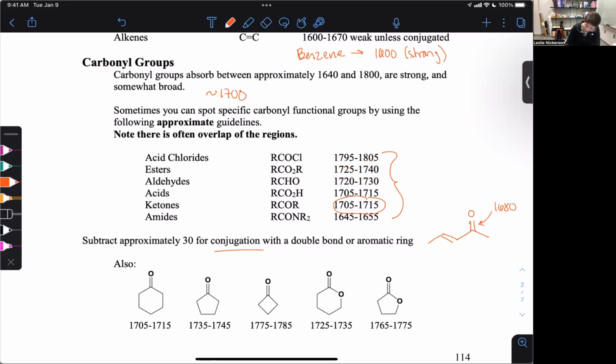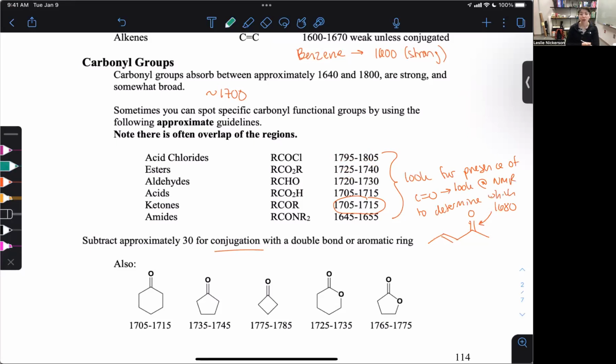So I just usually look for the presence of a carbonyl. Okay, so I'm just looking for any C double bond O, and then I'm going to look in other places to determine which one I have.